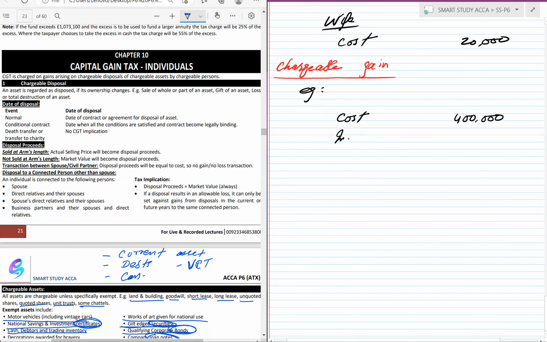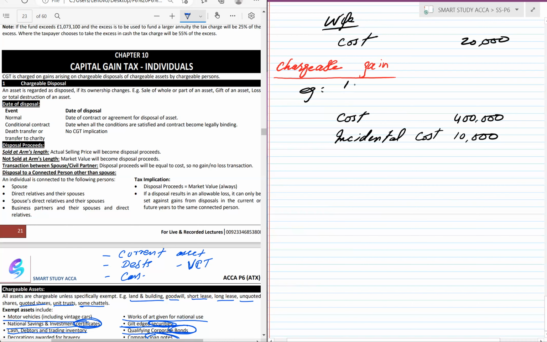Suppose incidental costs amounting to £10,000 were incurred. Incidental costs could be any cost at the time of purchase, for example legal documentation cost, valuation cost, any non-refundable tax, or commission paid to the property agent. Any cost related to the property at the time of purchase, other than the purchase price, is called incidental cost, and we add it to our purchase price.